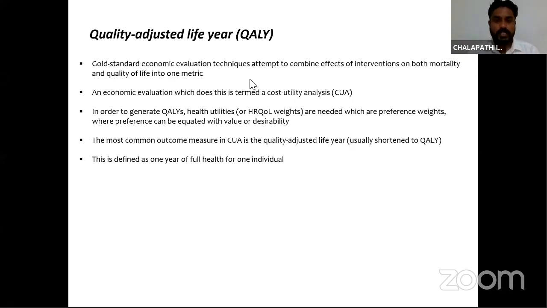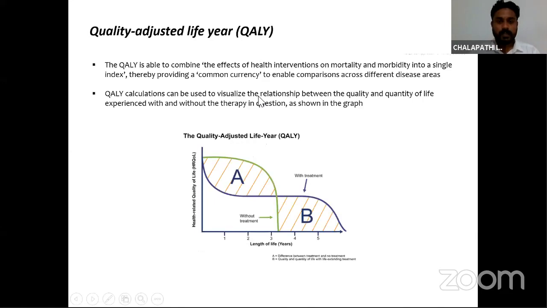When I look into this aspect, you can see this is the first aspect of QALY. Just as I said before about the time trade-off method, the similar concept is here. I have intervention A, I have intervention B. If you give intervention A, you will have the maximum quality of life, but years of life will be lesser.